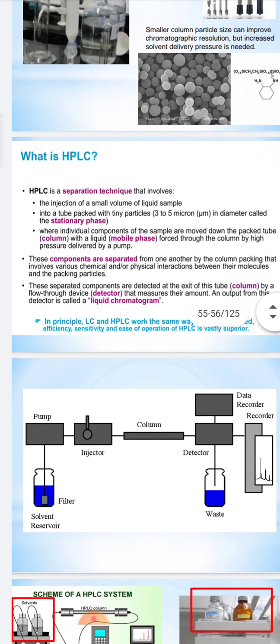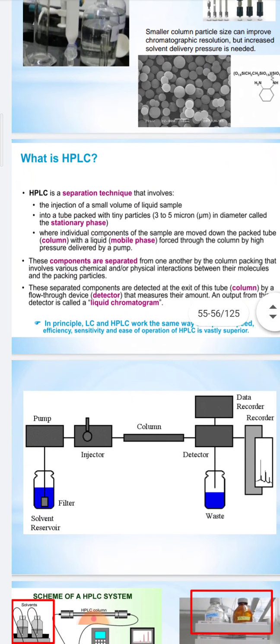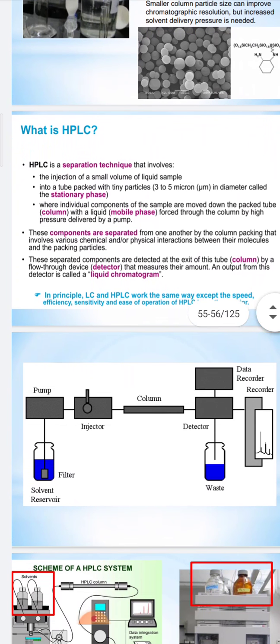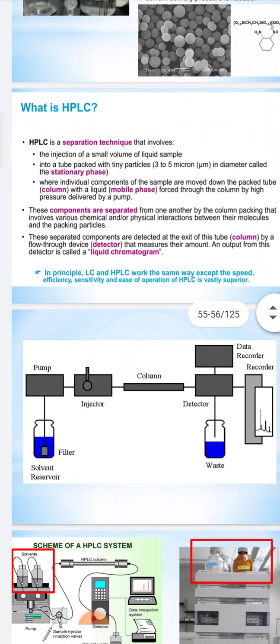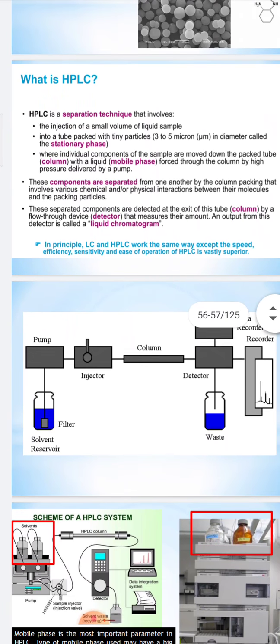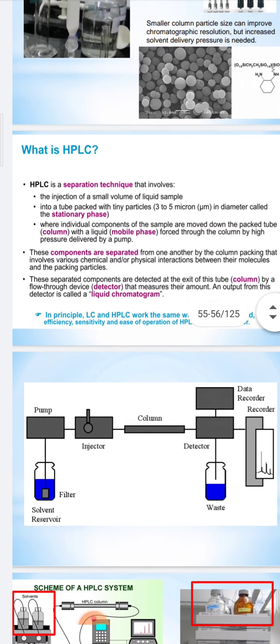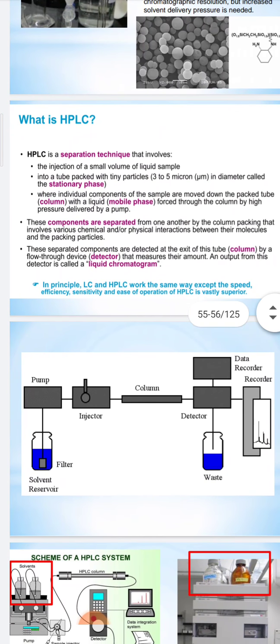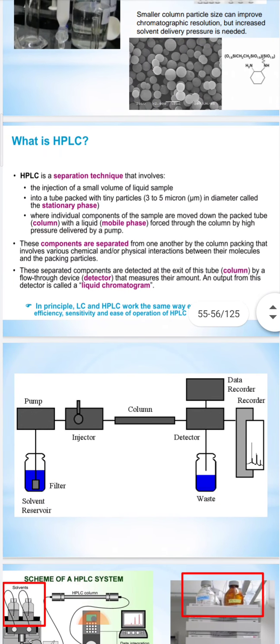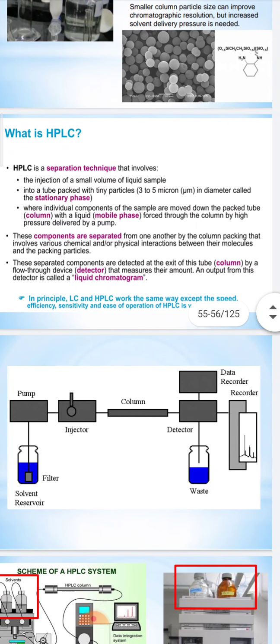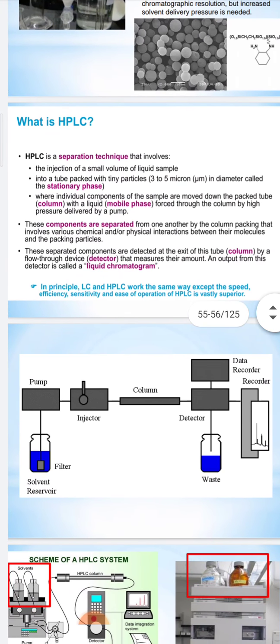This is a separation technique that involves the injection of a small volume of the liquid sample into the tube packed with tiny particles, 3 to 5 microns in diameter, called the stationary phase, where the individual components of the sample are moved down the packed tube with the liquid mobile phase forced through the column by the high pressure delivered by the pump.